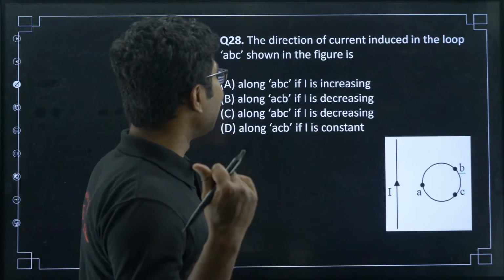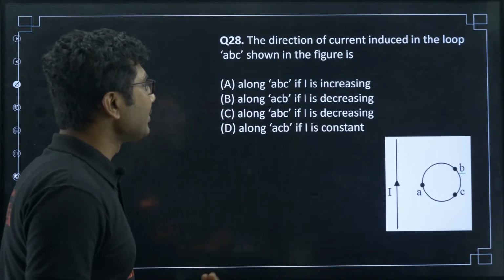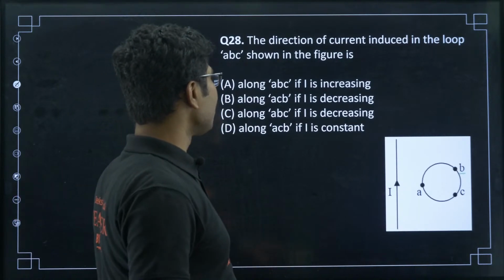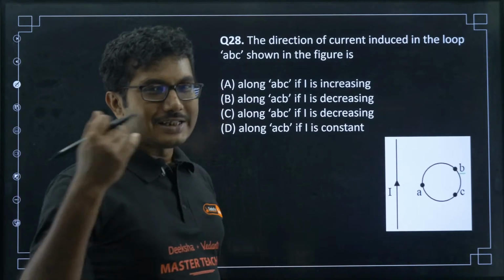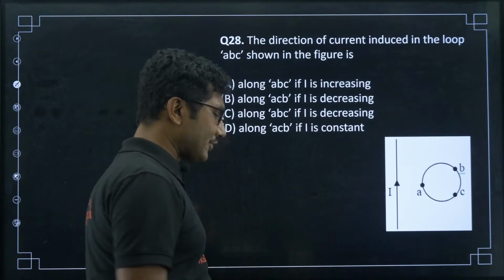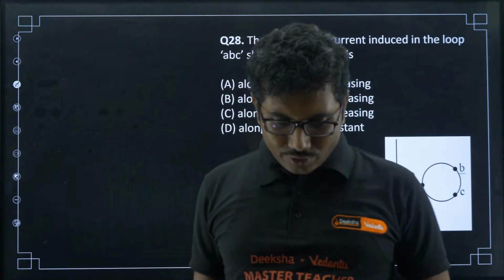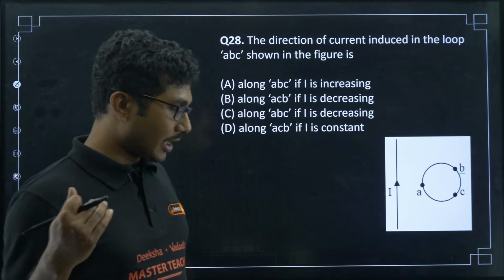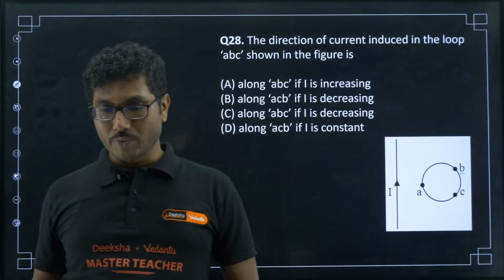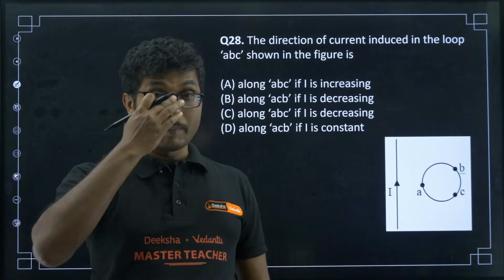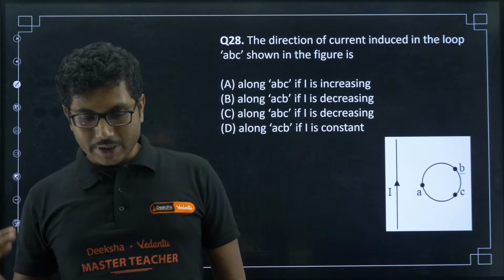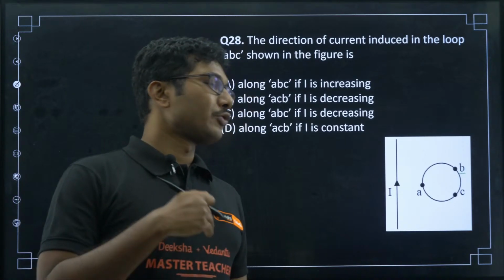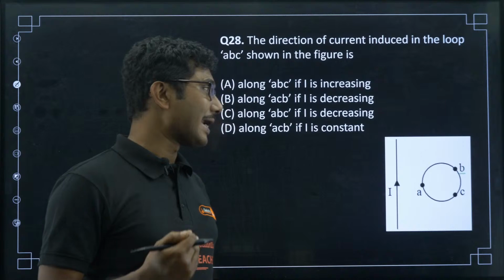As I said, the direction of the current induced in the loop ABC is shown in the figure. This is a very interesting question. The same question was there in your model paper 1. We are doing the solution for model paper 1 as well. My model paper 1 physics will be going live today, so stay tuned for that as well.